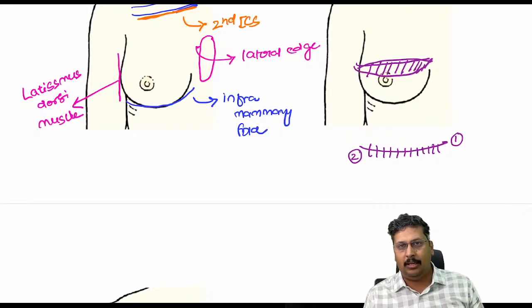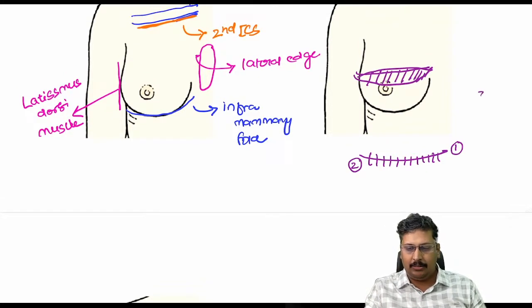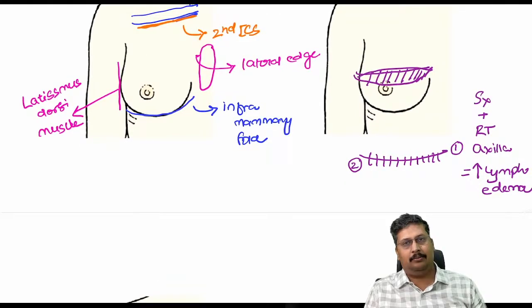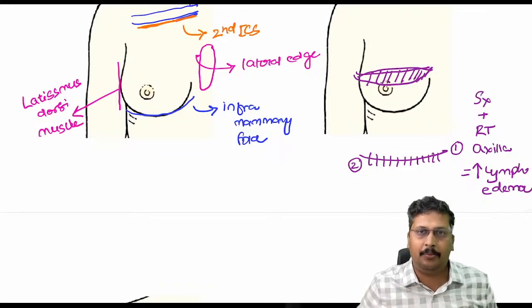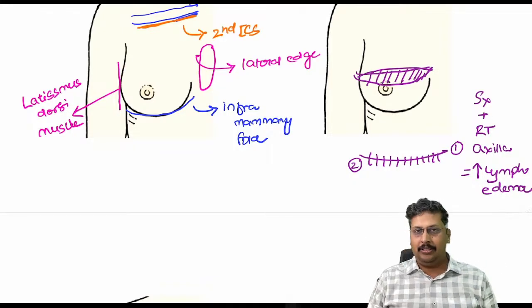And we all know that when we have an adequate axillary dissection, most of the time we will not radiate the axilla, because surgery plus radiation to the axilla is equal to more lymphedema. So our aim is to decrease the chances of lymphedema. So usually we will not give radiation to the axilla. But when your incision length is complete, when it is going into the axilla, we have to radiate the axilla, which is not good for the patient.